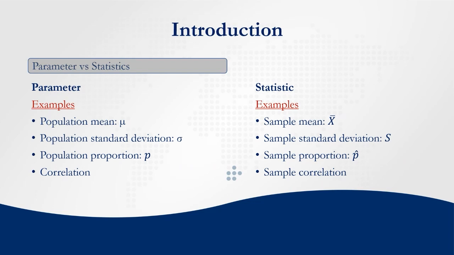On the other hand, when I measure them from the sample, as I've said, there will be a statistic. If it's an average, it's going to be the sample mean, and we represent it using what? X bar. And if it's a standard deviation, it's going to be a sample standard deviation, and we represent it using S.